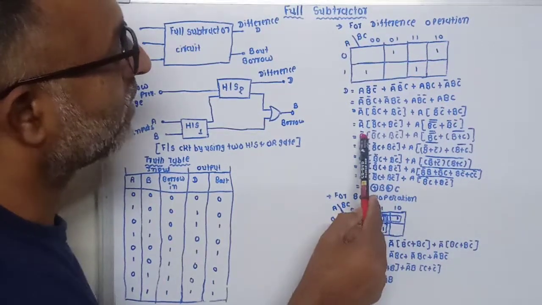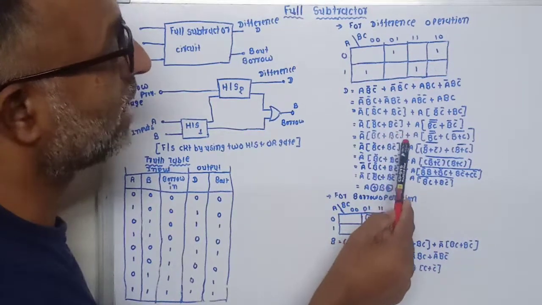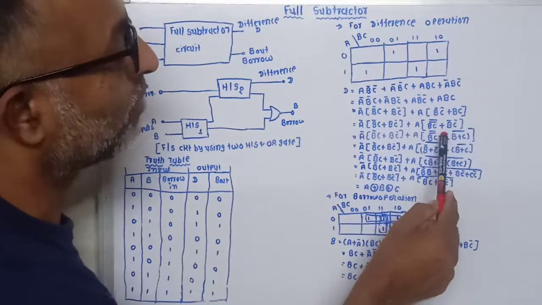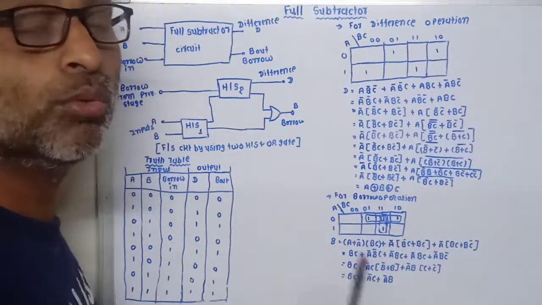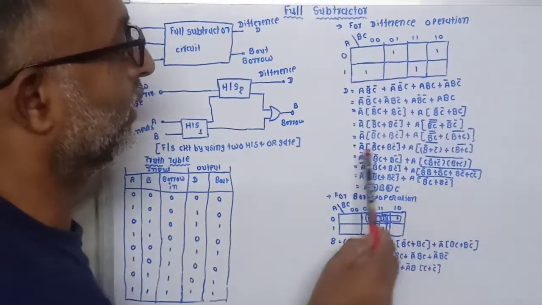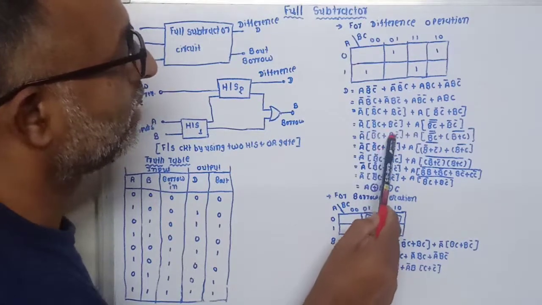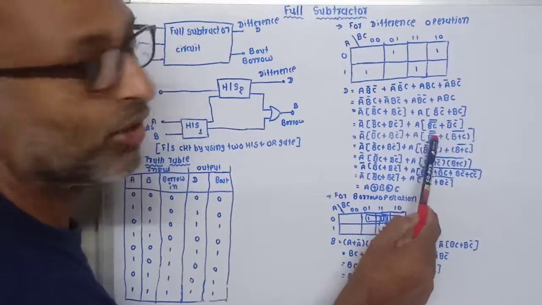Now here next, A bar in the bracket B bar C plus B into C bar, plus A. So you can say that BC double bar plus, here we can write B bar into C bar is equal to B plus C whole bar according to De Morgan's theorem. Now next, equal to A bar, B bar C plus B C bar plus A. Here we can also apply De Morgan's theorem.